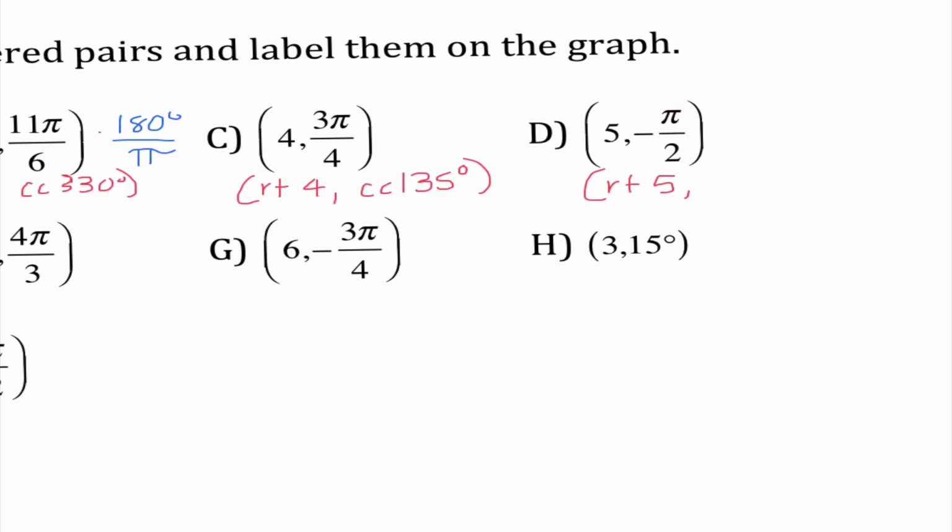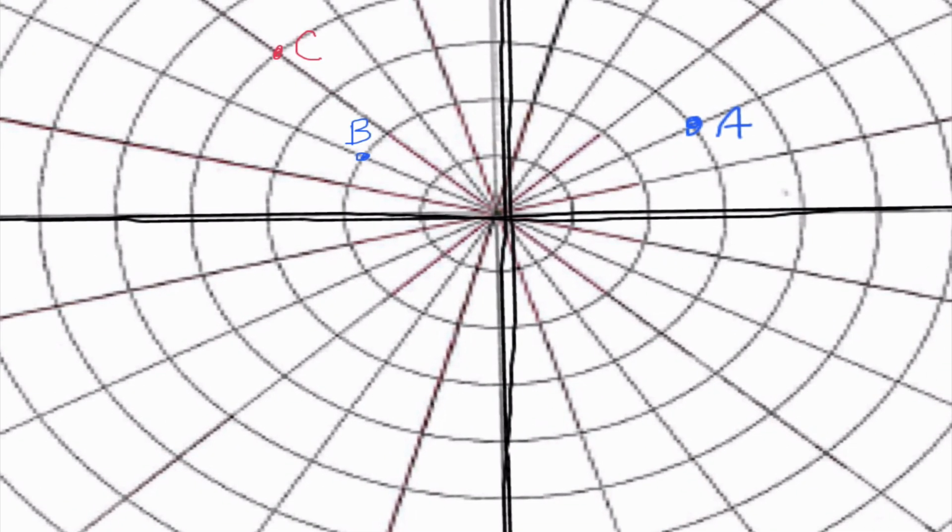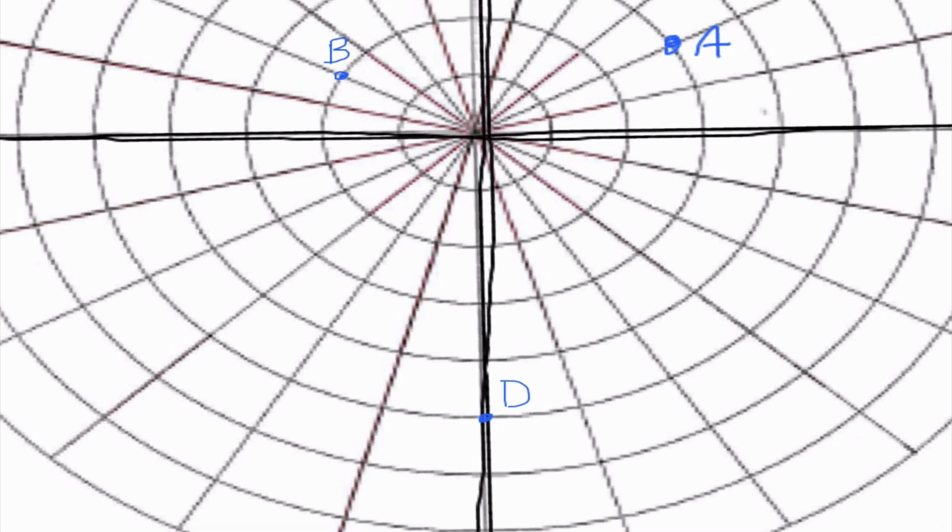So it's telling me to go clockwise 90 degrees because I know pi over 2 is equivalent to 90. So I am going to the right 1, 2, 3, 4, 5, and I'm going to go clockwise 90 degrees. So my point is going to be down here, and that would be point D.